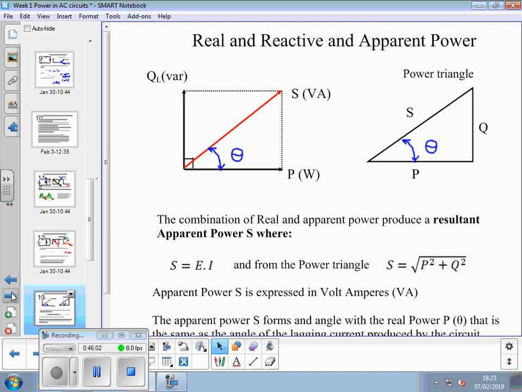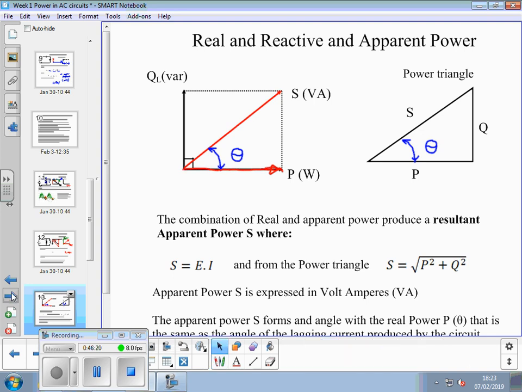So, finishing off these different powers now. If we look at, we've got power on the horizontal, P, along here, in watts.